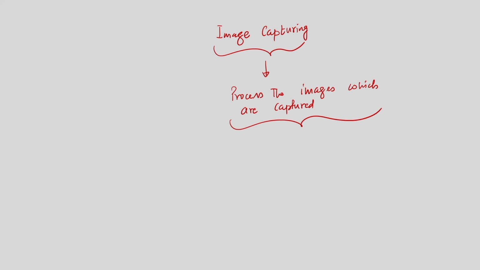If we can recall correctly, in the last class we discussed that the camera images are divided into rectangular windows, and these windows are known as the interrogation windows.